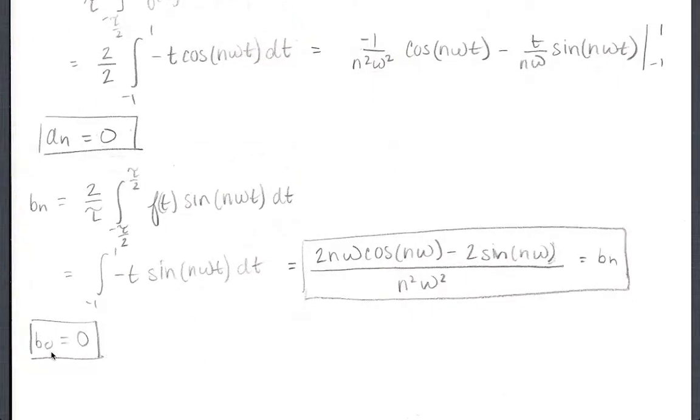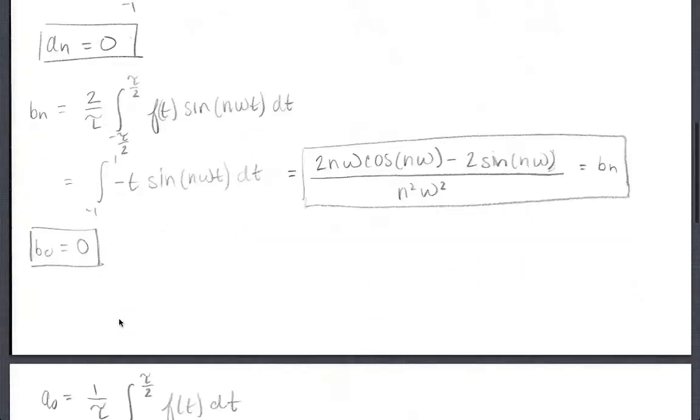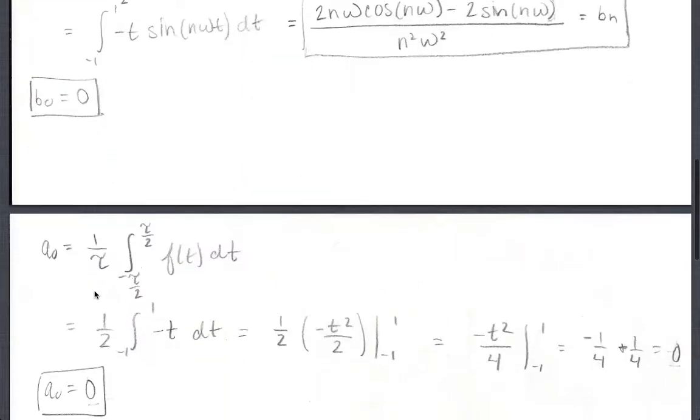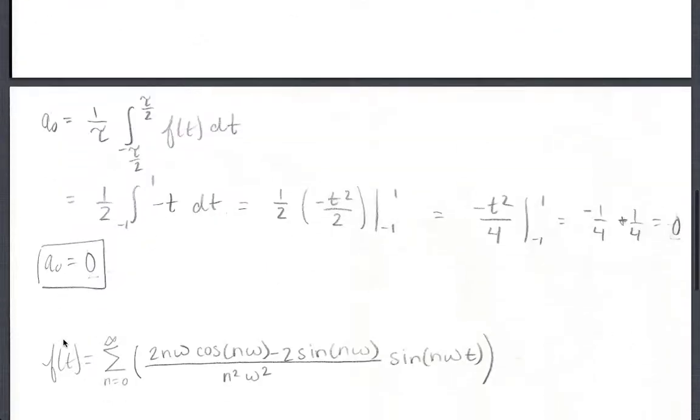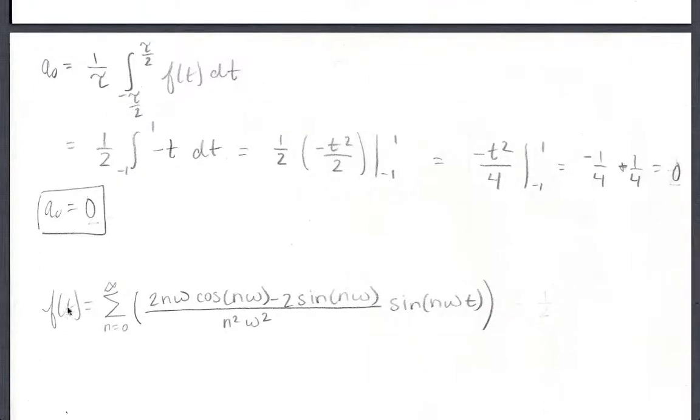And b naught is always 0, and then a naught is this equation here, and that comes out to be 0. So our final equation for f of t is the sum of bn times sine n omega t.